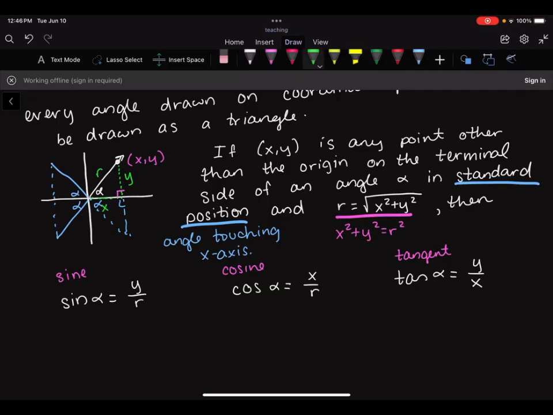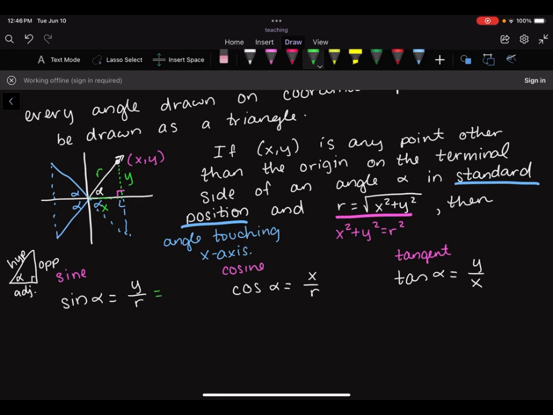Another way you might have talked about sine, cosine, and tangent is by saying like opposite, adjacent, and hypotenuse. So I'll bring that up at this point as well. So in a triangle, your x would be your adjacent side, meaning that it is touching the angle. Your y would be your opposite side because it's across from the angle. And then your radius is also called your hypotenuse.